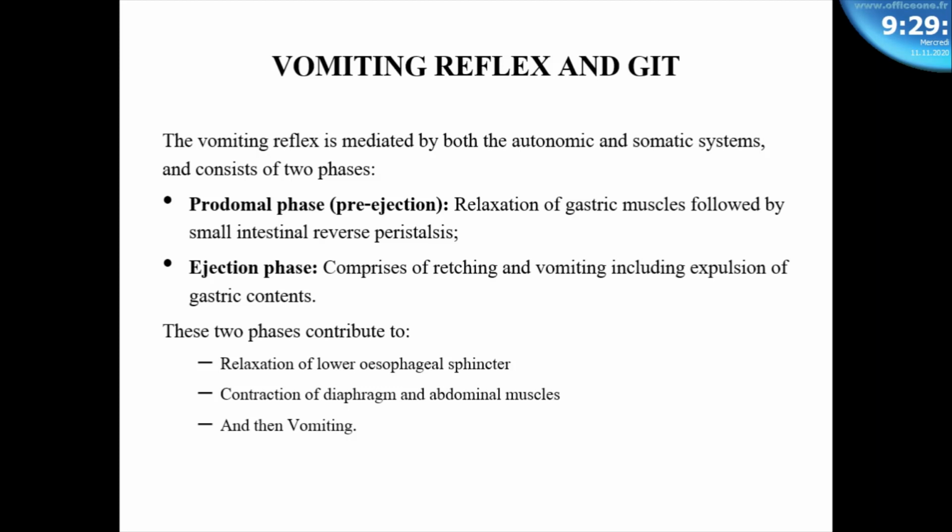It's what we call vomiting reflex. Vomiting reflex is also referred to as a set of efferent signals from integrative vomiting center to GIT to accomplish the desire to vomit. As you know, the vomiting reflex is mediated by both autonomic and somatic systems, and it consists of two phases: prodromal phase and dejection phase.